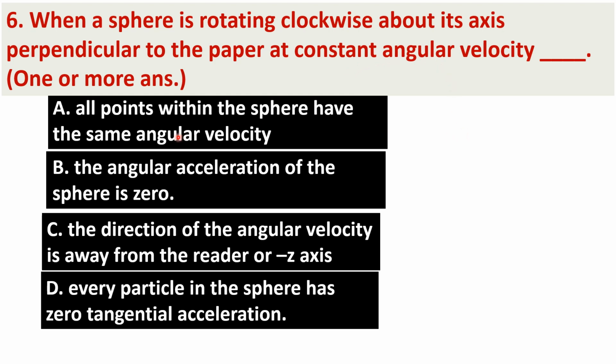Letter A says all points within the sphere have the same angular velocity. The key word in the question is the term constant angular velocity, meaning the angular or rotational velocity doesn't change both in magnitude and in direction.